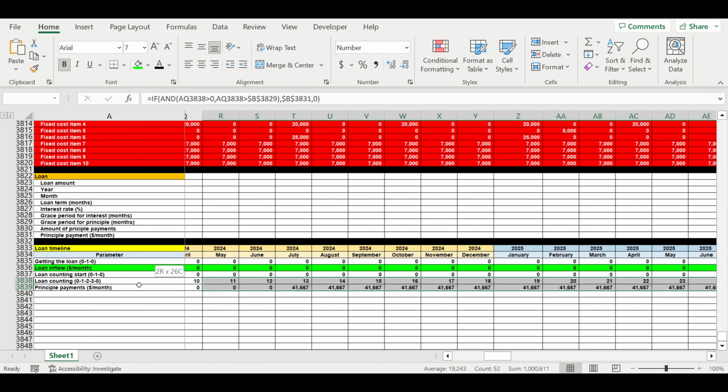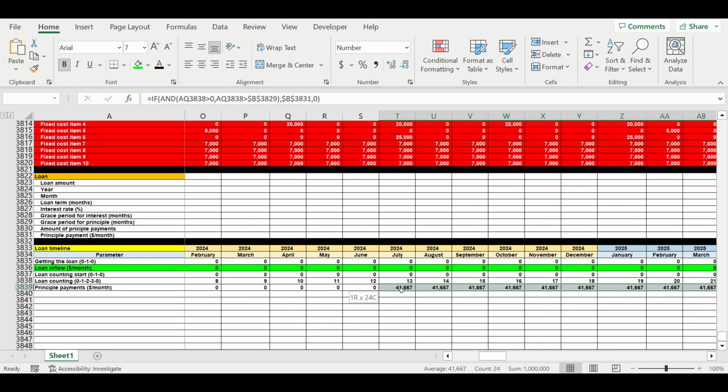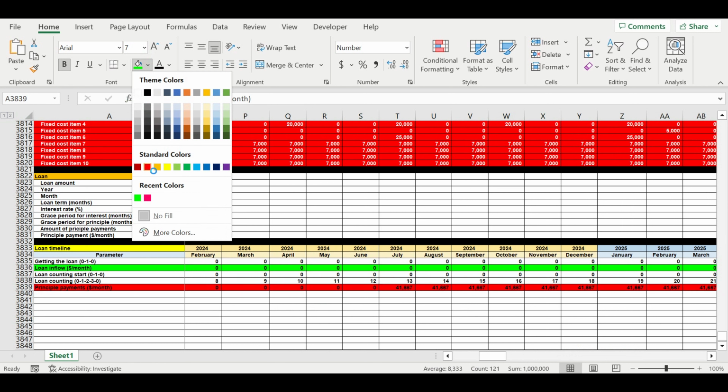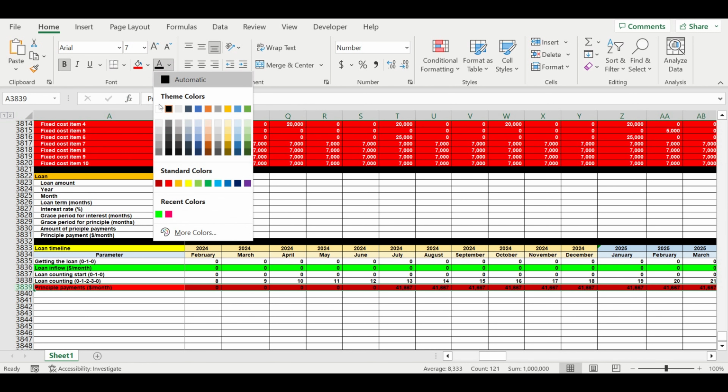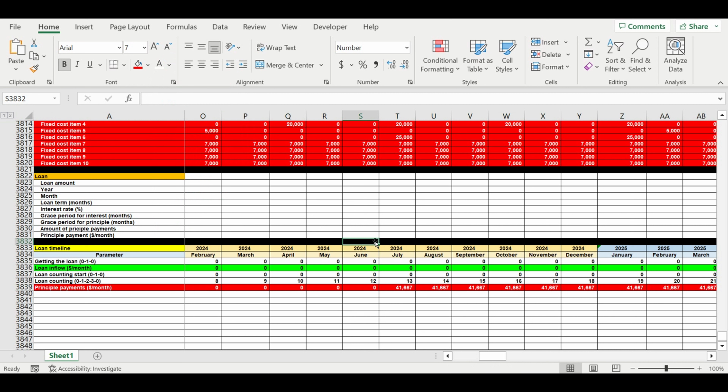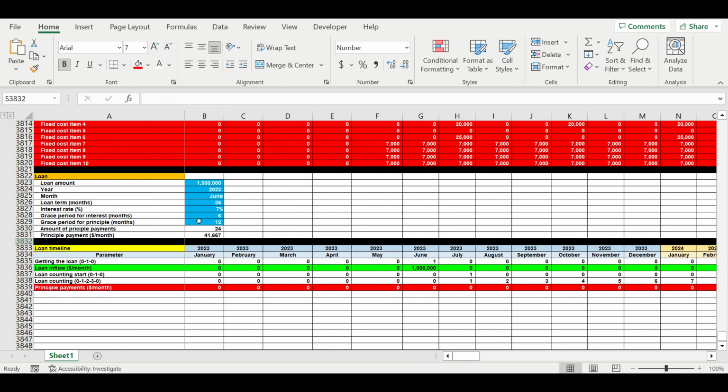If I select all of them, this will give us $1 million principal. Now I will color it red because this line will go to the cash flow statement. For example, if I select here 4 months, it will be 1, 2, 3, 4, and then payments will start. If I have 0, payments will start right from the first month of the count.